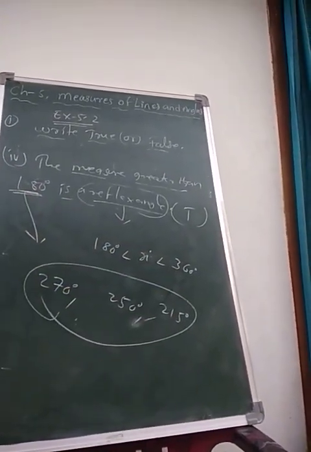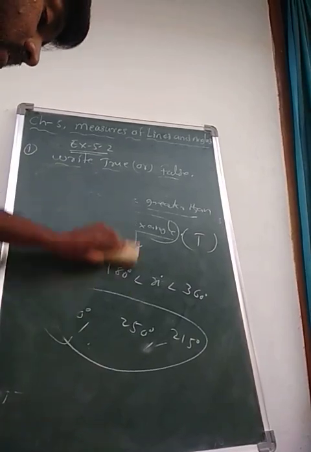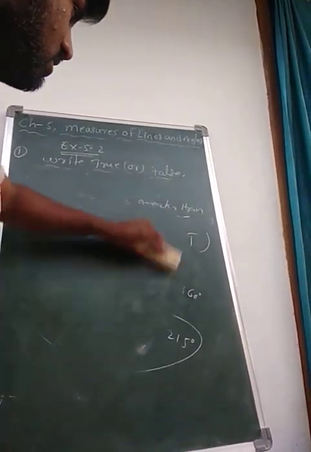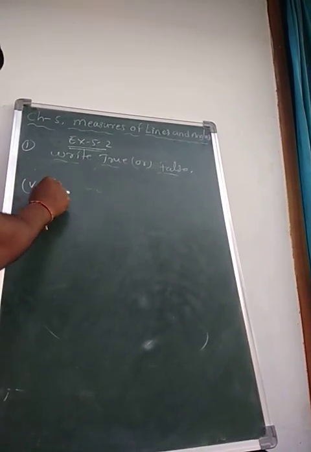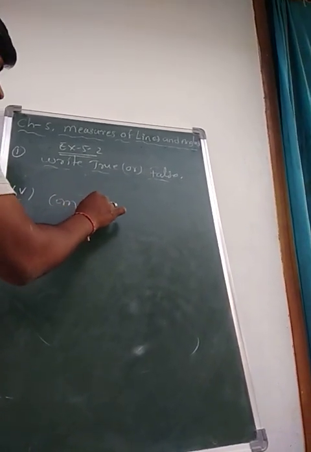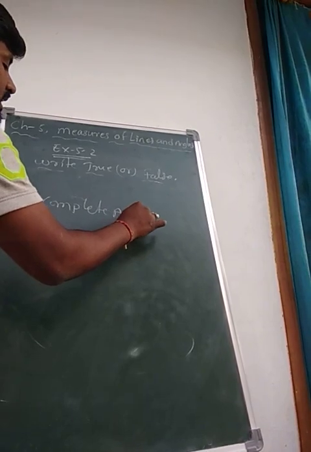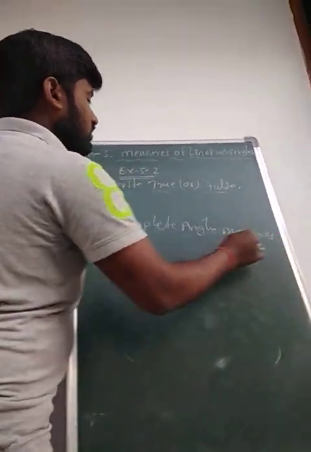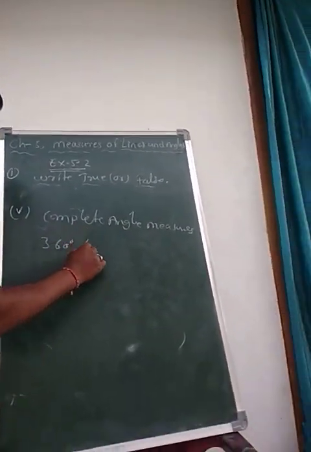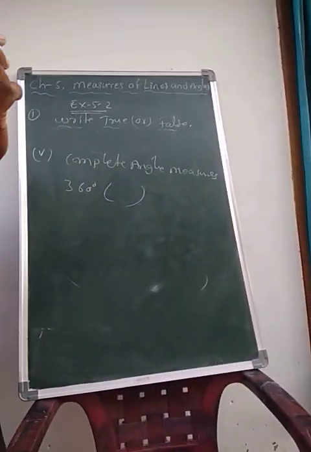Okay. Next, the fifth statement: a complete angle measures 360 degrees. Is this a true statement or false statement?